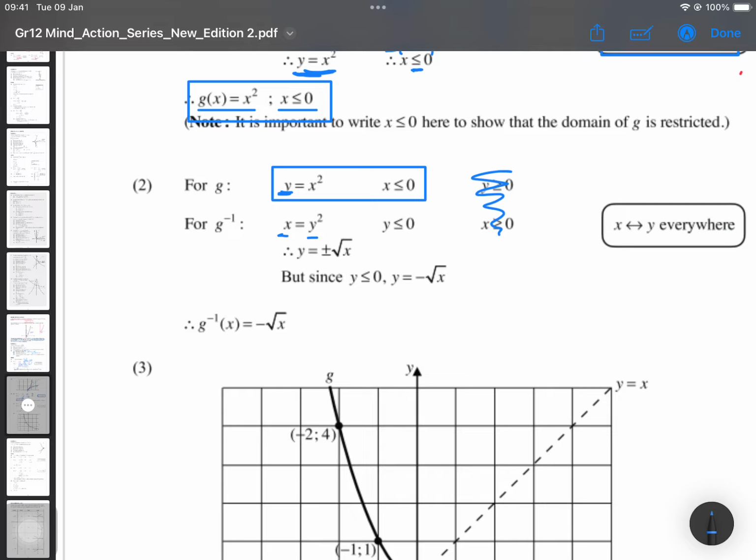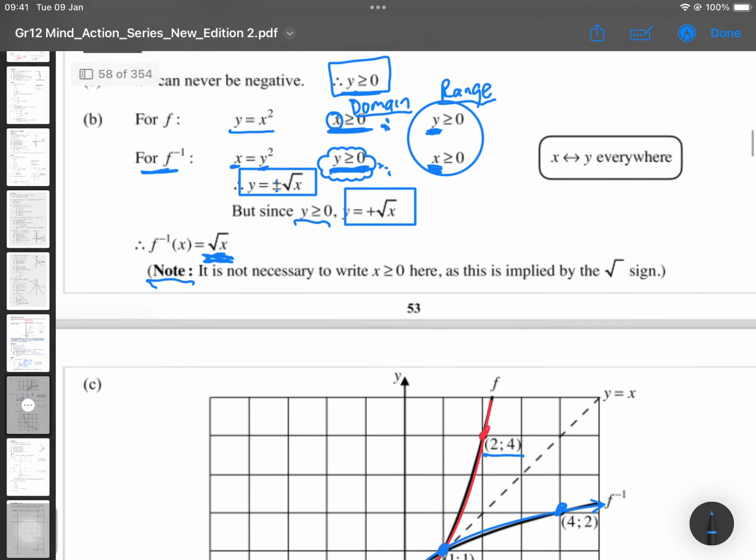Where it was x, we put y now. Then we make y the subject of the formula, and there we get plus or minus. But from the restriction, y is less than or equal to 0, that means we're going to take the negative one, because it's less than, that means we're taking where it's negative. And therefore, there's the inverse.